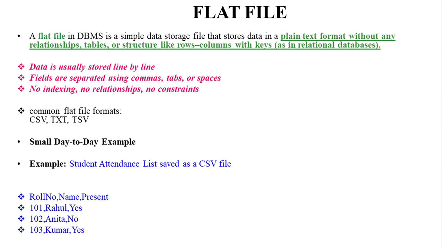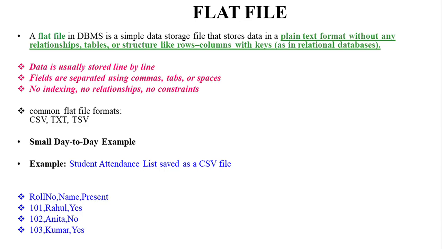Here the data are stored line by line, wherein the fields are separated using commas, tabs or spaces. Here there is no indexing, no relationships and no constraints. The commonly used flat file formats are your CSV file, a text file, or a TSV file.